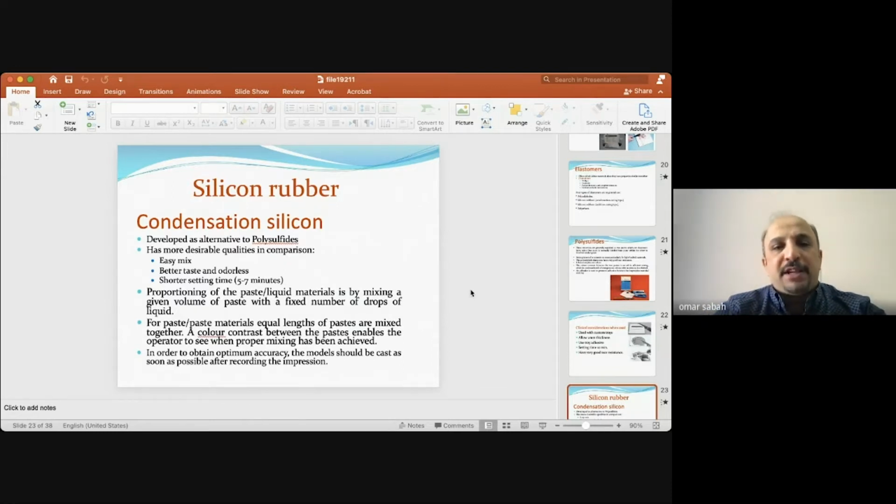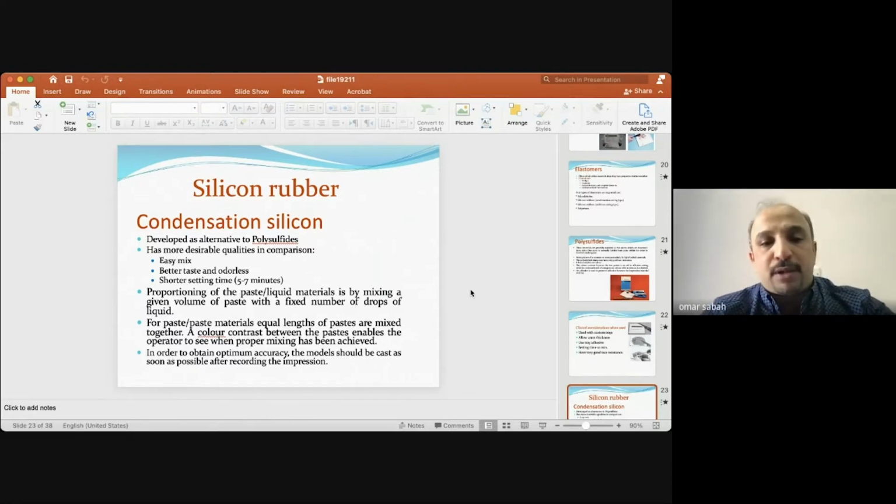The condensation silicones were developed as an alternative to polysulfides, because you know the odor of those materials. Silicones have more desirable qualities in comparison: easier to mix, better taste and odor, and a shorter setting time, between 5 to 7 minutes. This material came to overcome the problems you have with polysulfide materials.